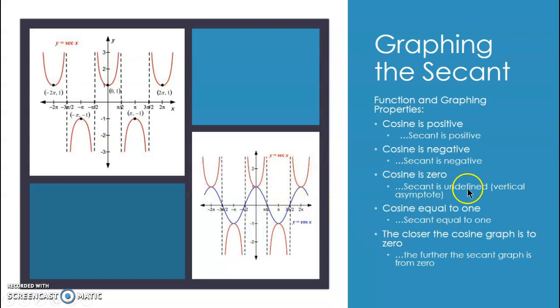So notice here, the closer our cosine graph gets to 0, the farther the secant graph gets from 0. So if cosine is going down, cosecant is going up. I'm sorry, not cosecant, secant is going up. If cosine is going down, secant is going up. That's essentially what that last line means.